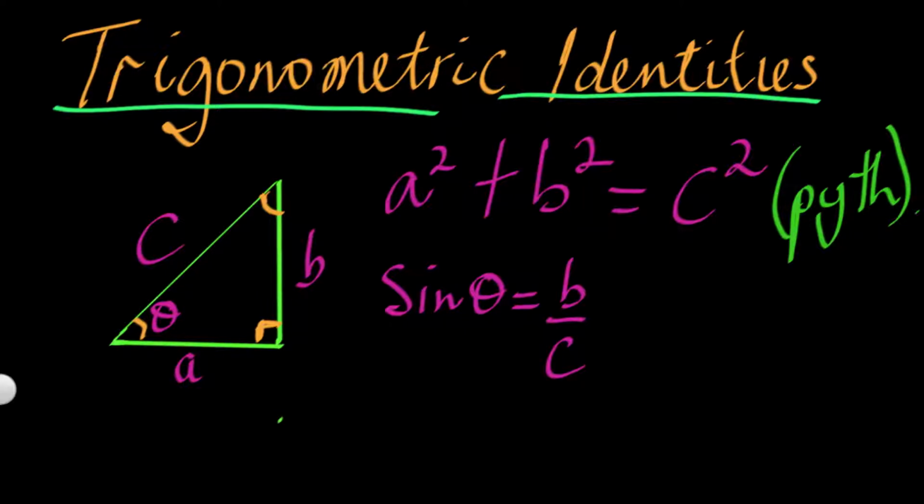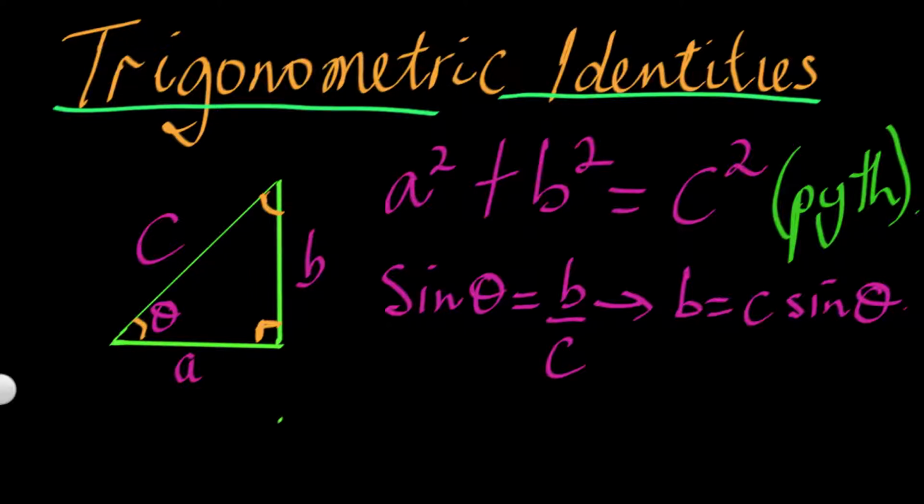So this is a right angle triangle. A, B, C is our hypotenuse. So we can say sine theta is equal to B over C. And from here, I can say that B is equal to C sine theta. This is just simple algebra.